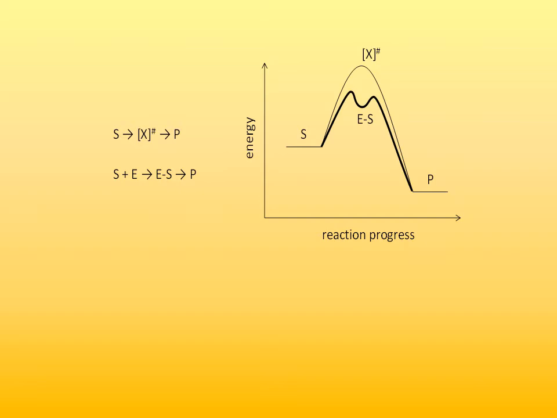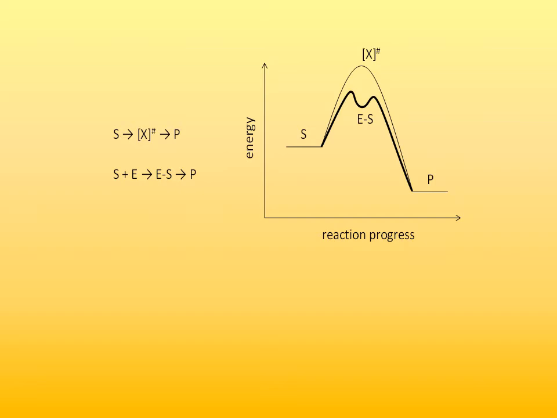Now we have a transition state that leads to formation of the enzyme-substrate complex, and that transition state is considerably lower in energy compared to the transition state X. That means that the reaction is much faster.